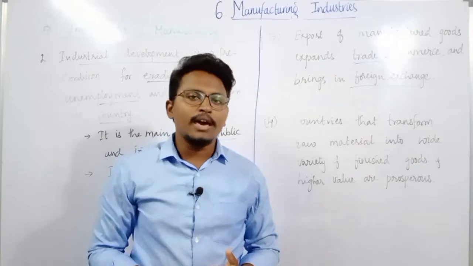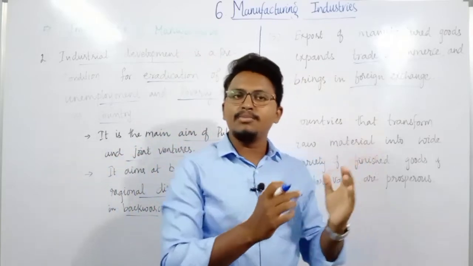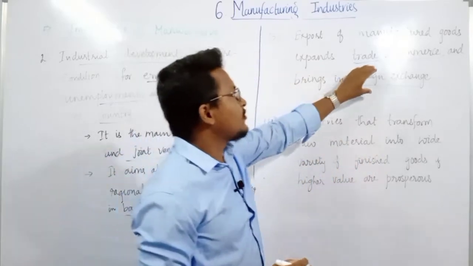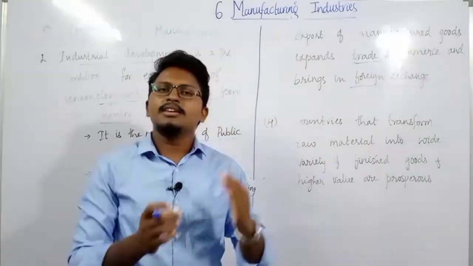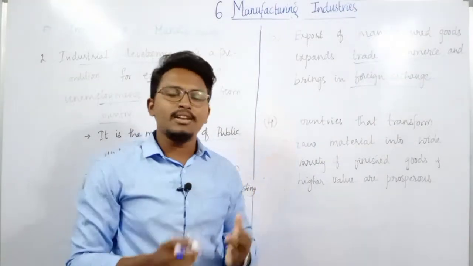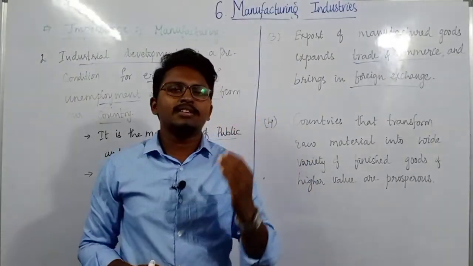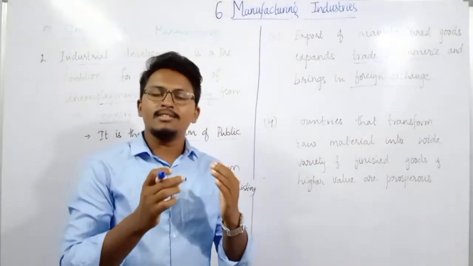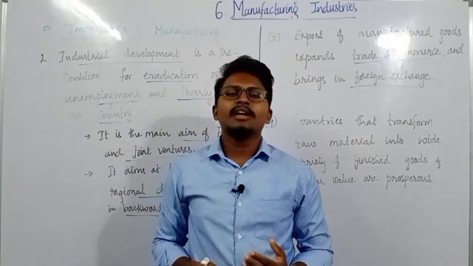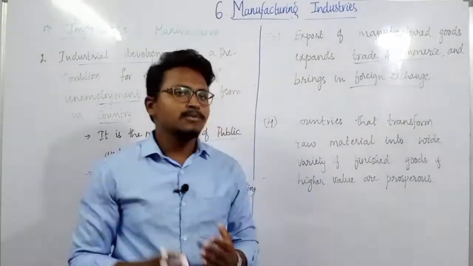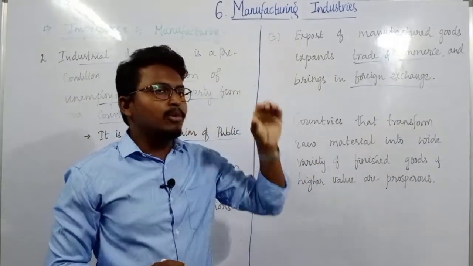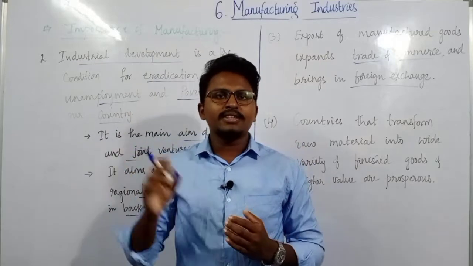If we are exporting goods, we will receive foreign exchange, that means foreign currency. So it boosts our economy. If there is more foreign exchange, automatically it boosts our economy. So this is the third importance of our manufacturing industries.